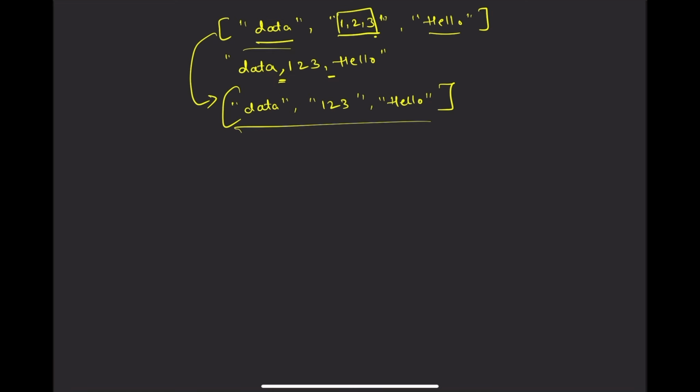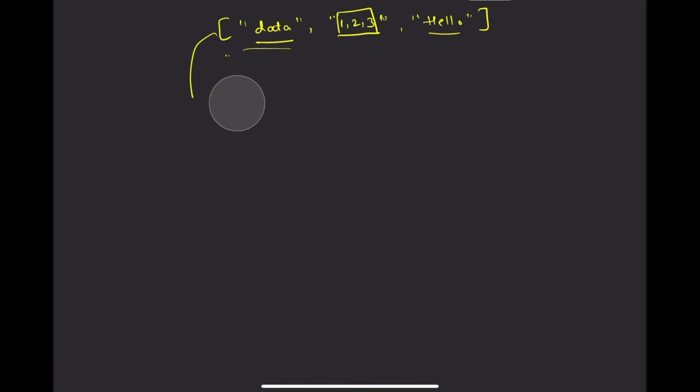So what if the input is this? Now let us do the encoding for this part. You take data, use a comma as delimiter, then your second string comes up, 1, comma 2, comma 3, use another comma, and hello. This is your encoded string, right?